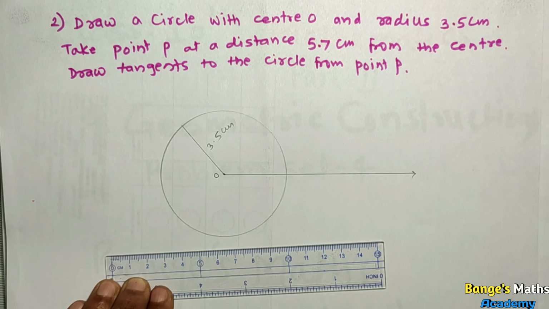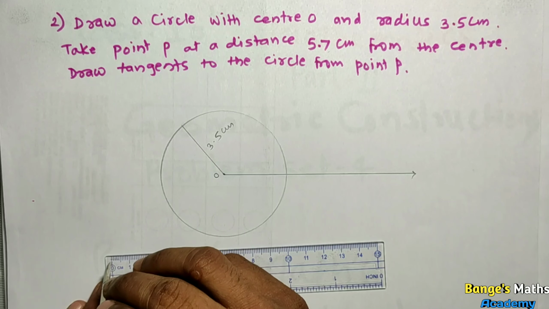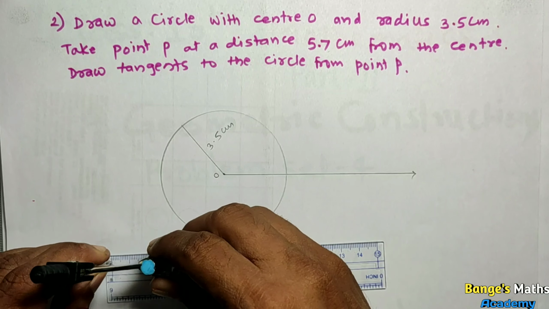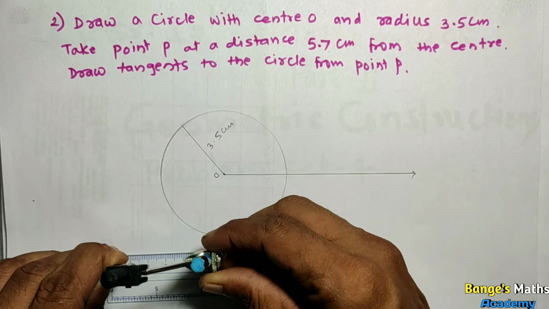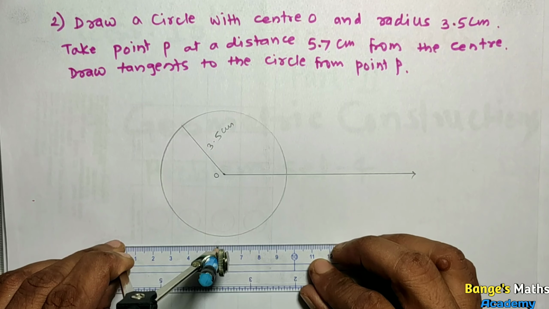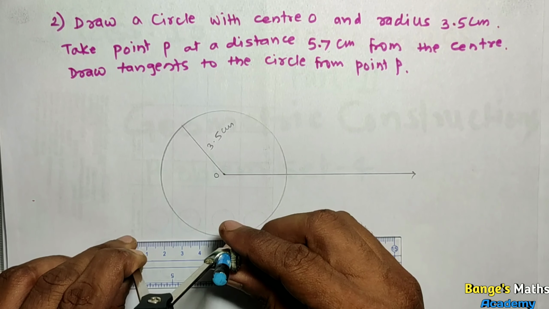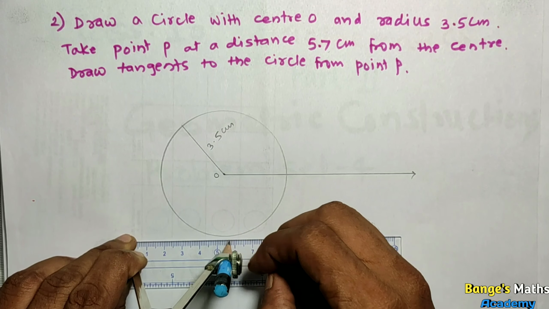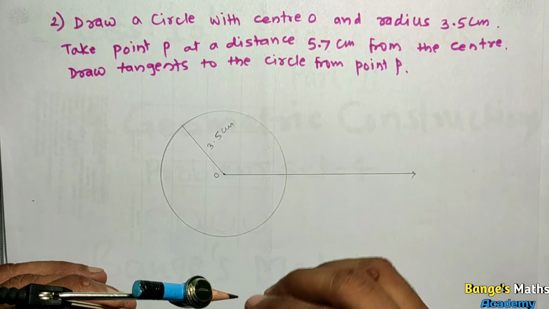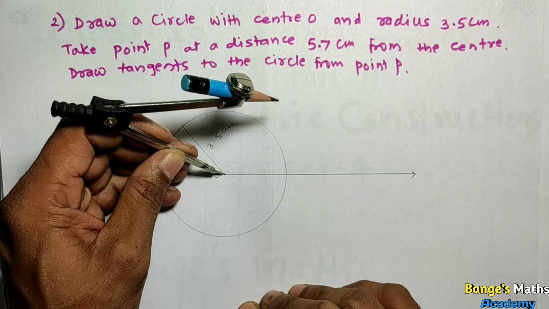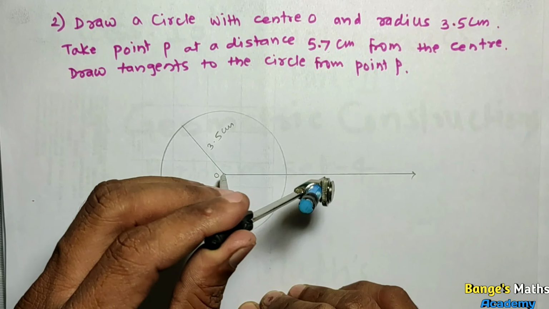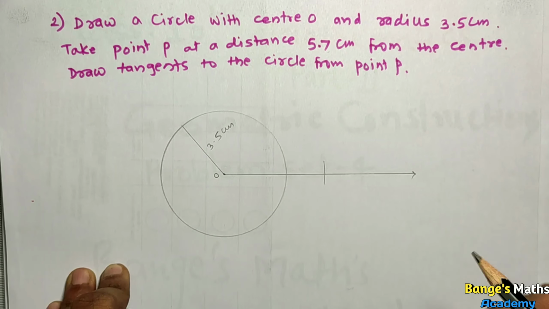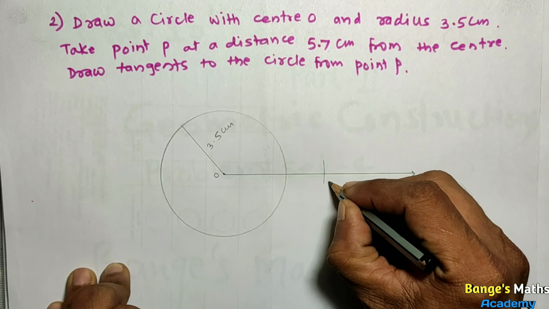Then take distance in your compass 5.7 cm. And put still point on point O and draw intersecting arc to this ray. So we get the position of point P.